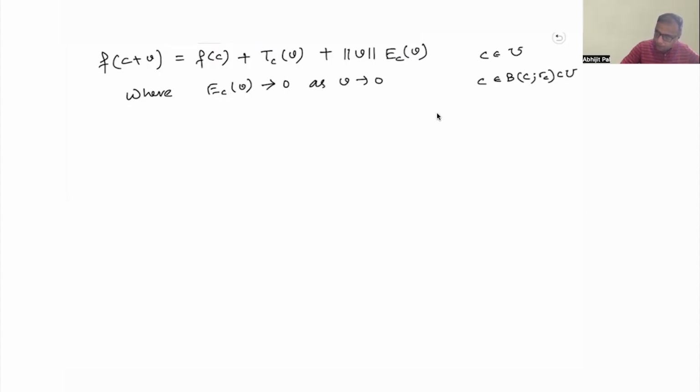Therefore, for some b where norm of b is small, c plus b belongs to this ball, whenever norm of b is sufficiently small.